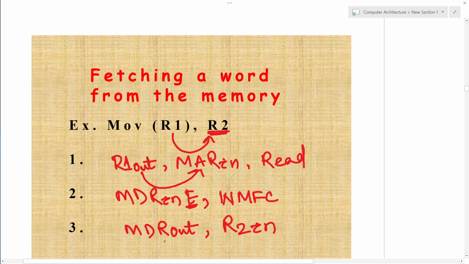Once it is available through MDR out, I can place the data in the register as per the instruction, because my instruction says to read the content of the memory location identified by R1, and that information is to be placed in the register R2. So this is the second type of example which we specified as fetching a word from the memory.